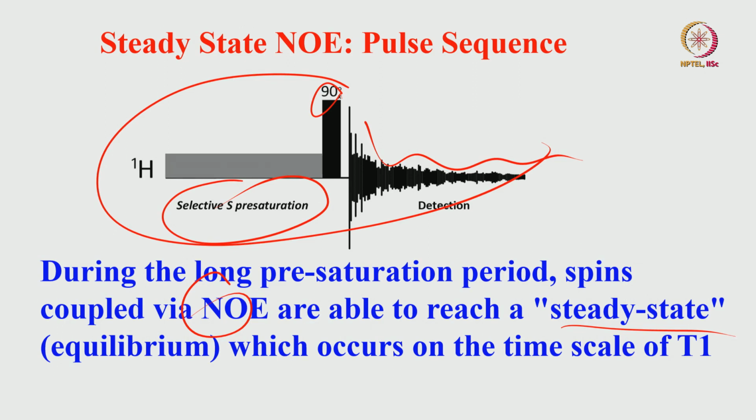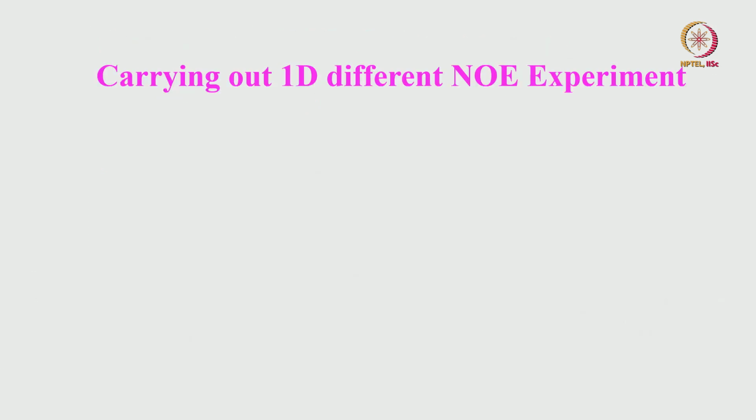This occurs on the T1 relaxation time scale. So this is the simple example, that is why it is called a steady state. Saturate one of the spins, and spins coupled via NOE after a long time reach a steady state. That is what it is.